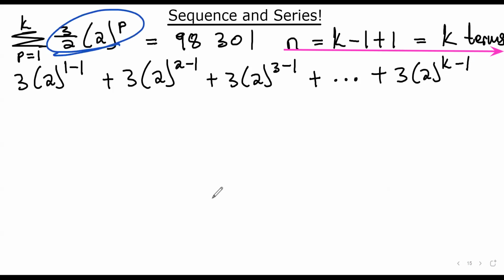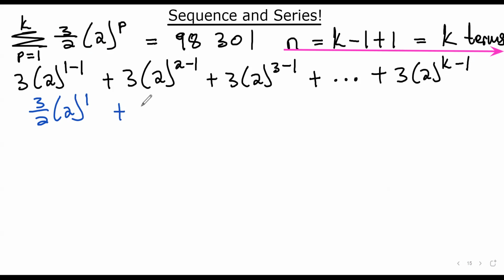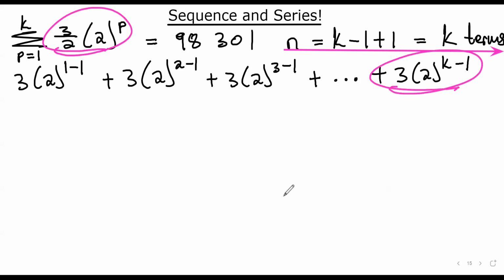And I just want to emphasize that even if you did it like that and just said 3 over 2 into 2, 1, 3 over 2 into 2, 2, and so forth, it's still perfectly fine. Yes. So what I'm saying is, even if you didn't realize that this pattern is actually like that, it's not a problem in this case.